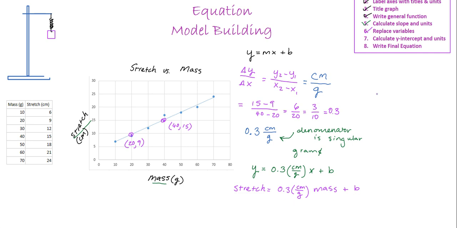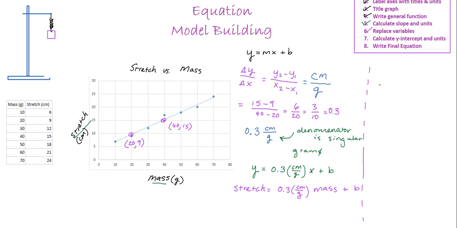To calculate the y-intercept, I need to pick a point on this trend line that I can substitute into my equation and then isolate or solve for b. I'm going to pick one of the points that I already have here. Let's pick 40 and 15.